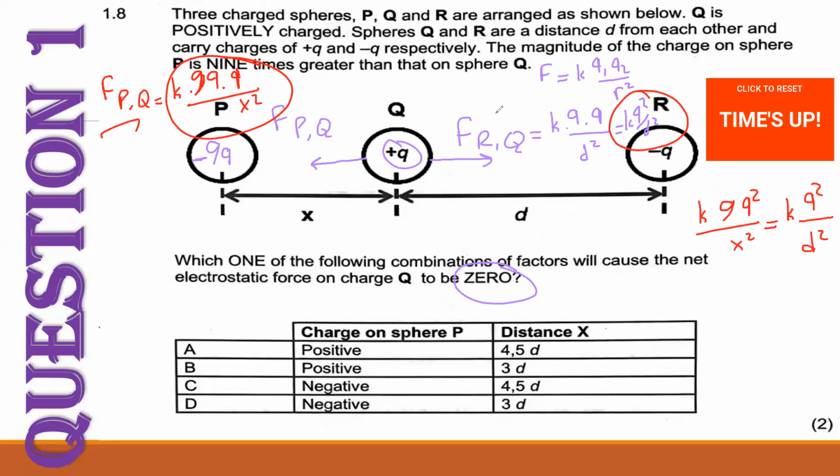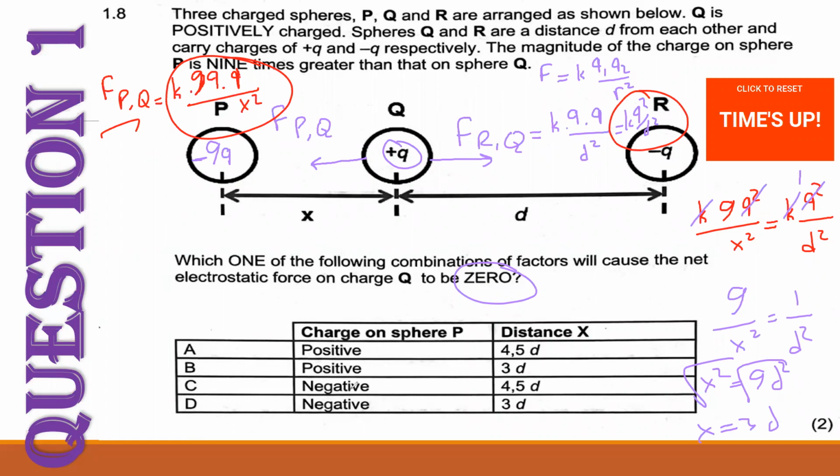Now K and Q square cancel each other. What is left is 9 over X square equals 1 over D square. So X square equals 9D square. Then square root each side: X equals 3D.